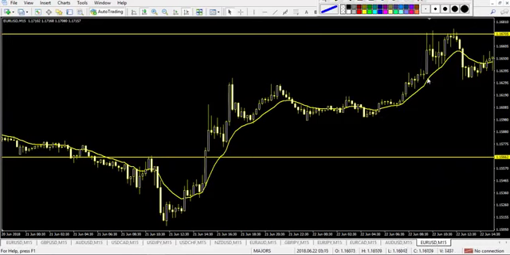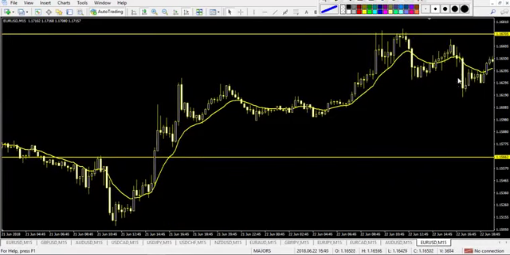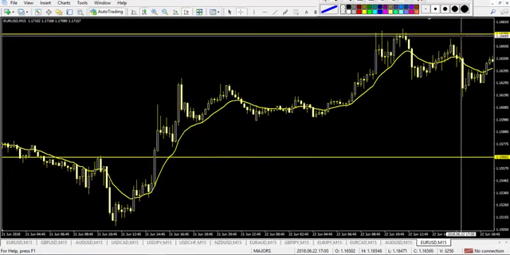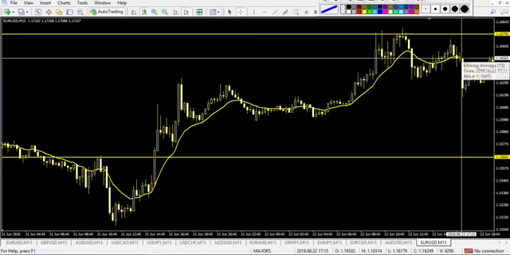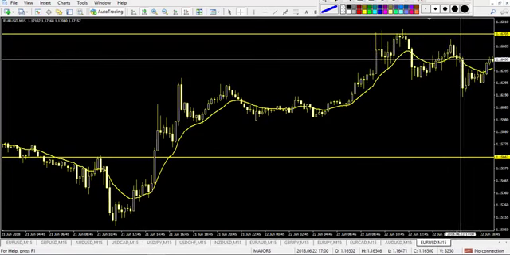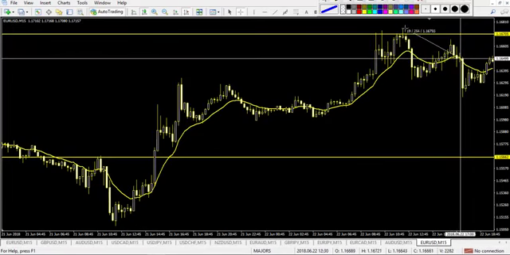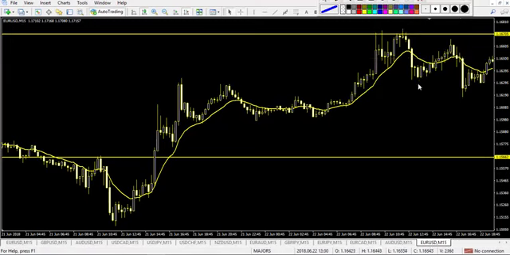Okay, so this one breaks the 13 EMA once, comes back near the level. It's not a clear break, but this one is takeable actually. It met the rules, and it's a 26 pip stop loss.